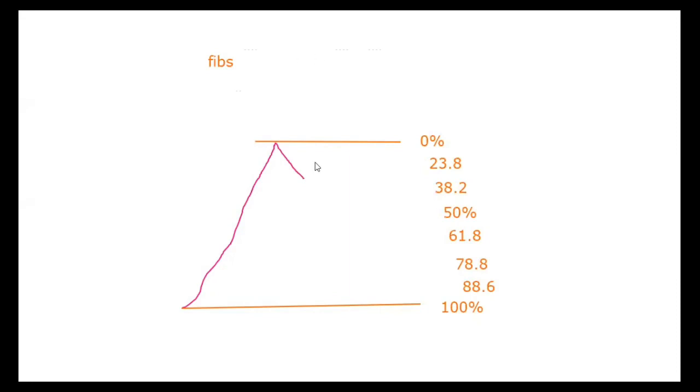But anyway, so Fibonacci, this would be point A. This would be point B. So when you're pulling Fibonacci in the uptrend, you're pulling it from point A to point B, from the low point to the high point.